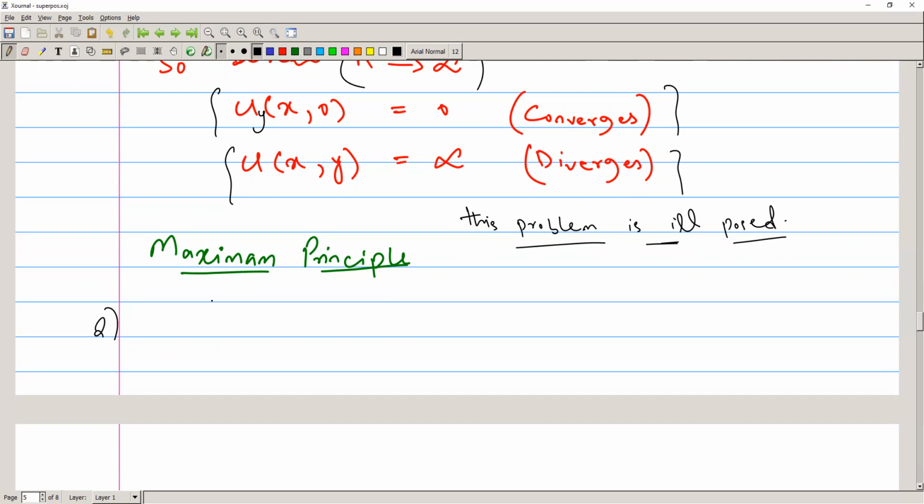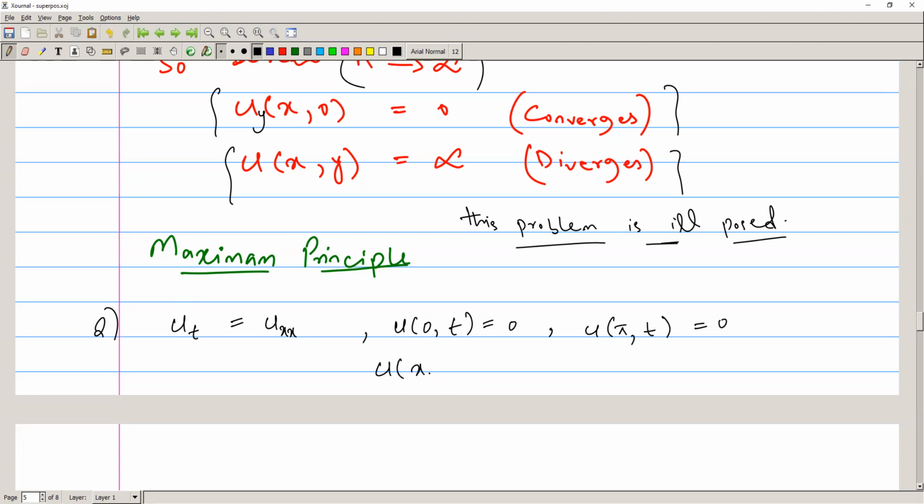So here is an example of a homogeneous heat equation. u_t is equal to u_xx, and the conditions are given as u of 0 comma t is equal to 0 and u of pi comma t is equal to 0, right?